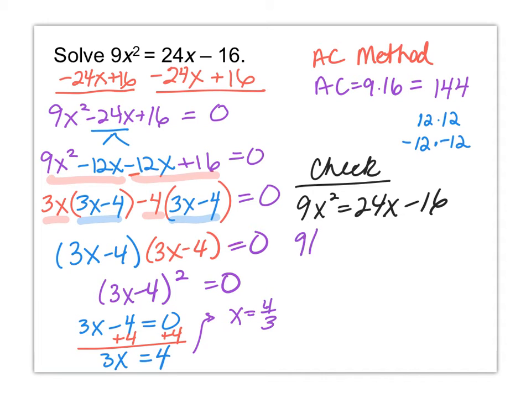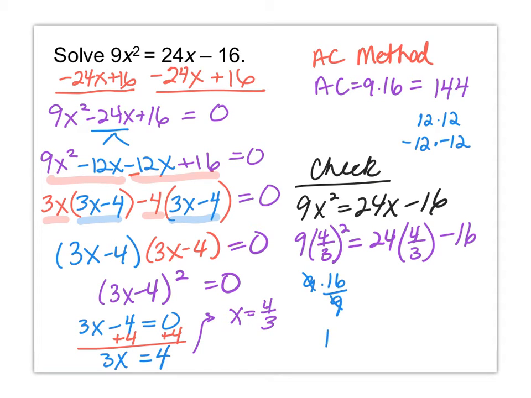When we substitute in 4/3 for x, we get 9 times the quantity 4/3 squared equals 24 times x, which is 24 times 4/3, minus 16. All right, when we square 4/3, we're squaring the numerator and the denominator. So that's going to give us 9 times 16 divided by 9. And the 9's will divide out so that the left side of the equation is equal to 16.